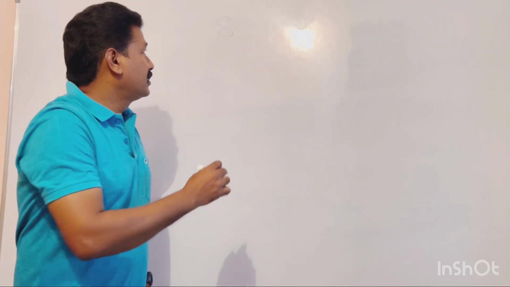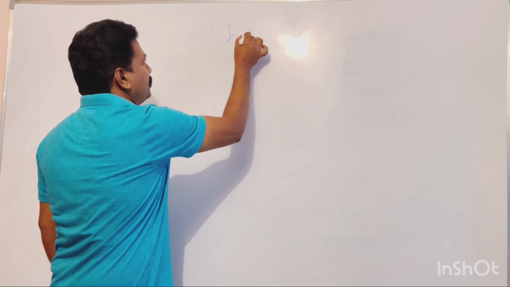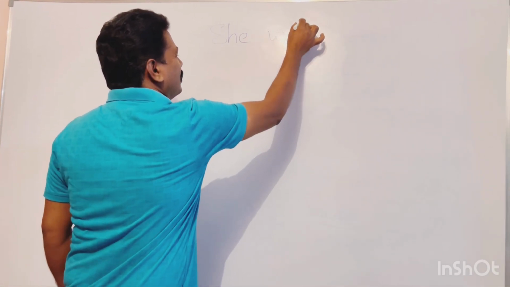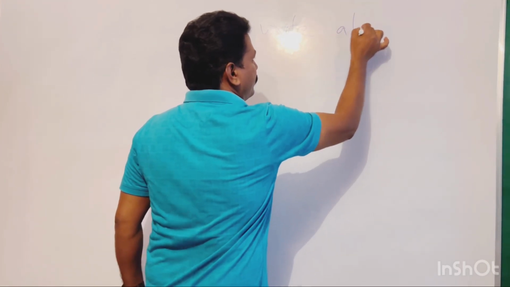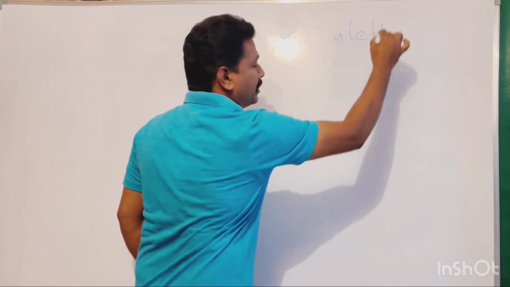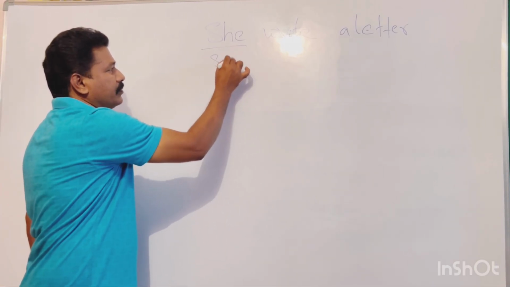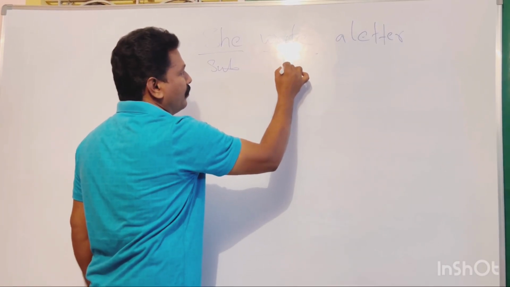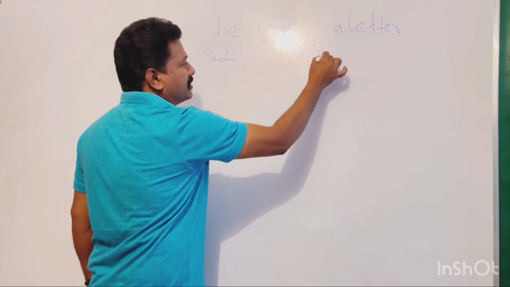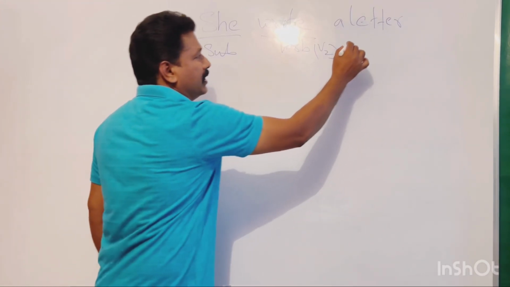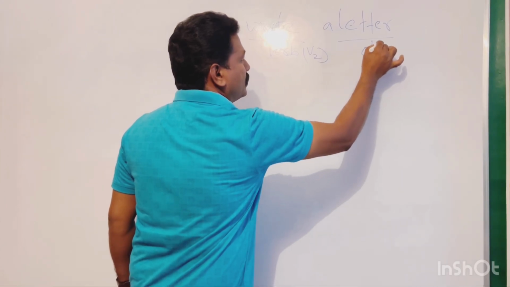We have seen that the example is, she wrote a letter. Here we have already discussed that she is the subject and wrote is the verb, which is in past tense, and a letter is the object.